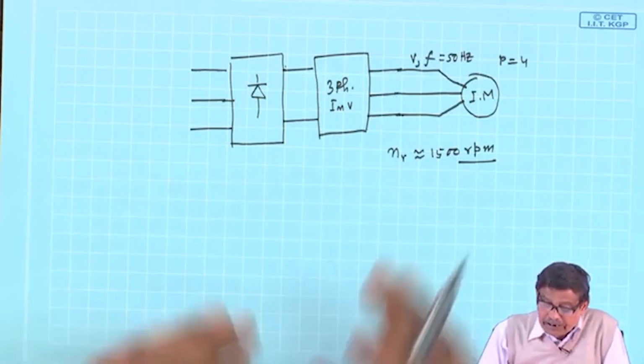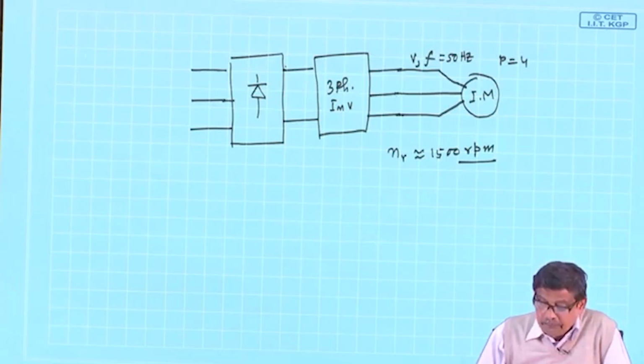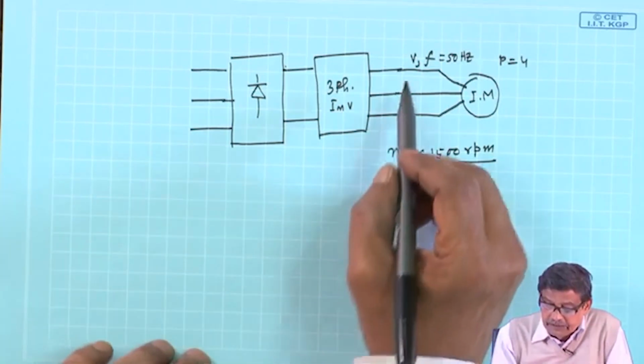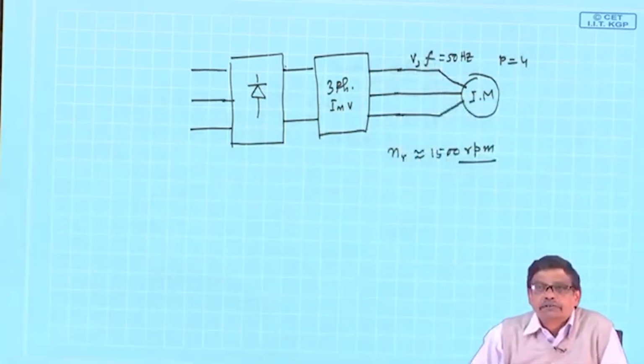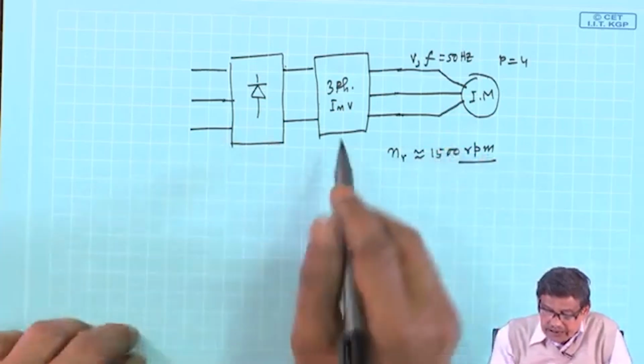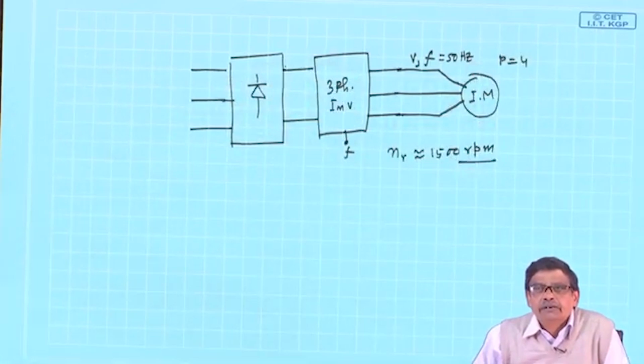Now, when it is running steadily like this, what I do is decrease the frequency to 25 hertz.